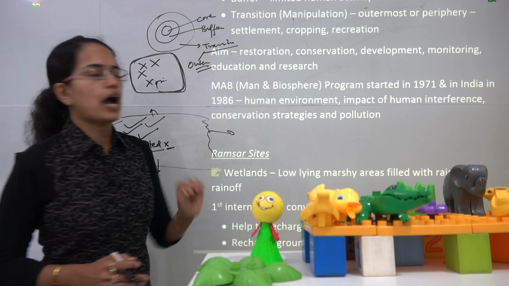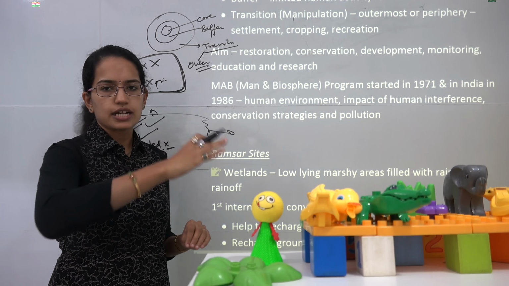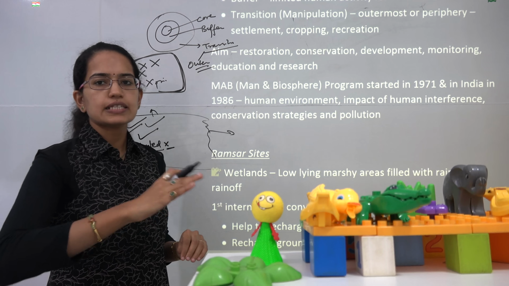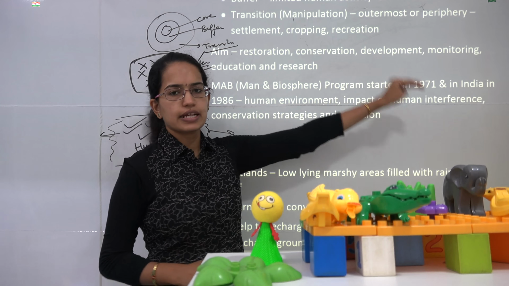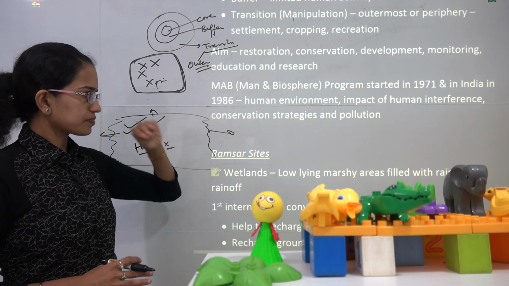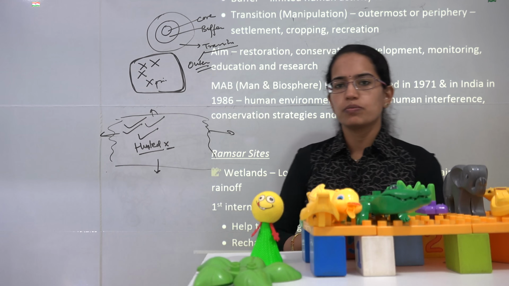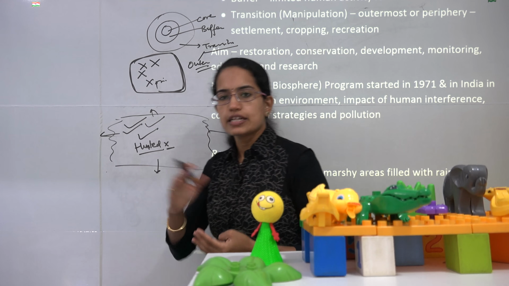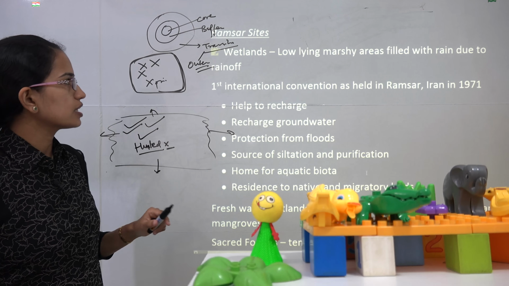In India, a program that was initially started worldwide in 1971 as MAB, the Man and Biosphere Programme, started in 1986. The idea was understanding the interaction of humans with the environment, the interference that could be caused, the impact on animals, and strategies for conservation.